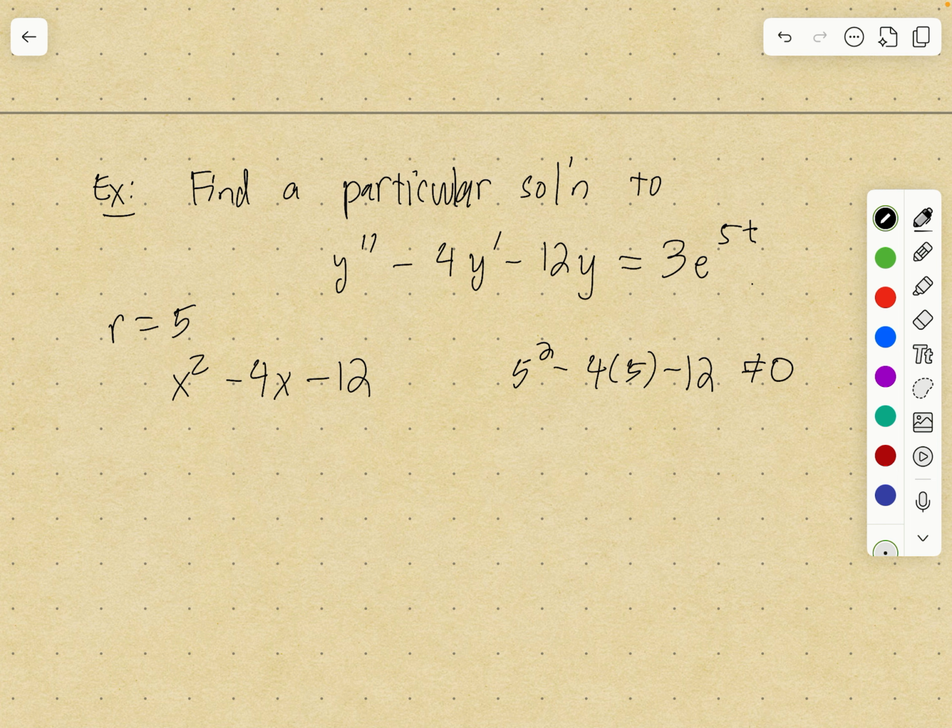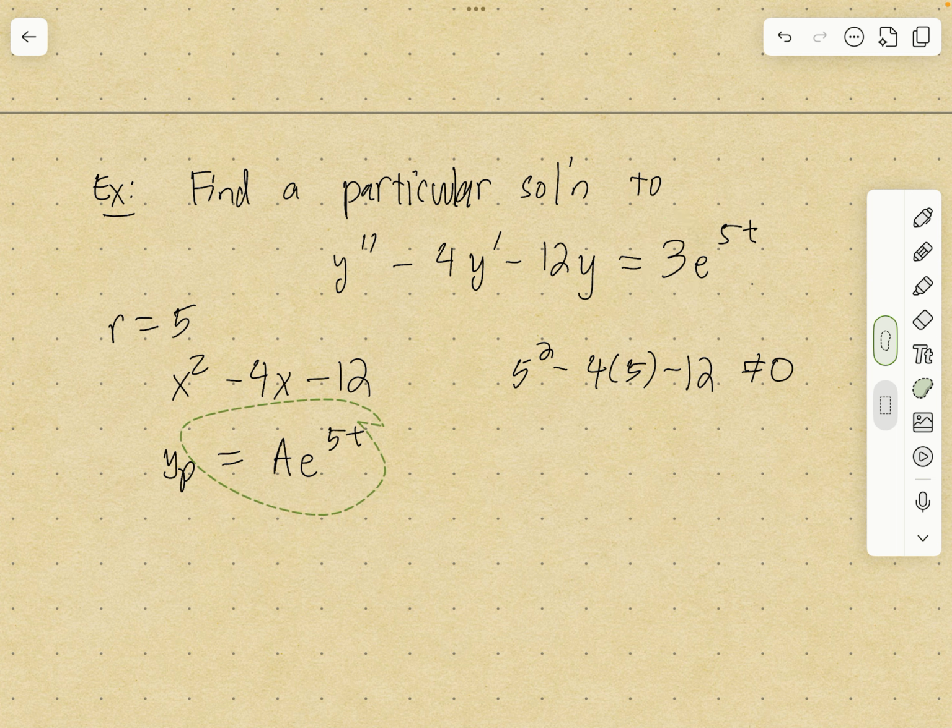So therefore, what's your yp going to be? It's going to be a e to the 5t. Now notice that this 3 doesn't play any role in your yp. I mean, it's going to affect the a, right? It's going to affect the answer that you get for your yp, but it's not going to affect the fact that you use a e to the 5t.